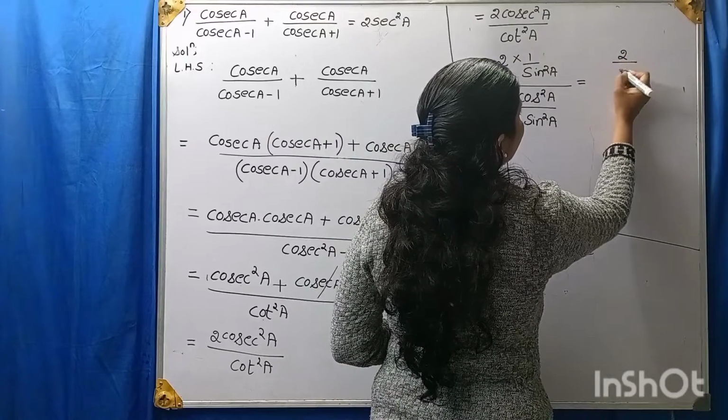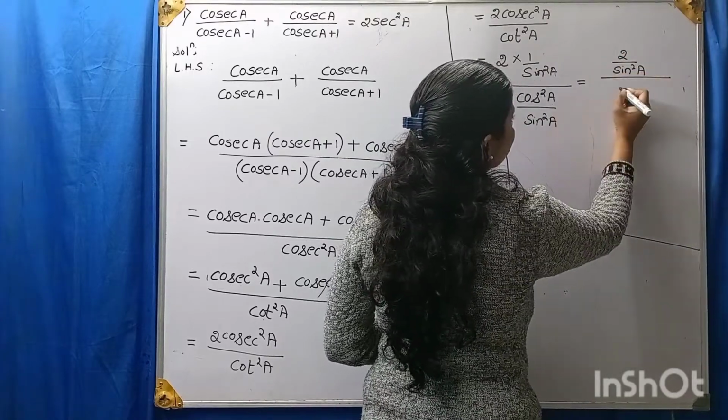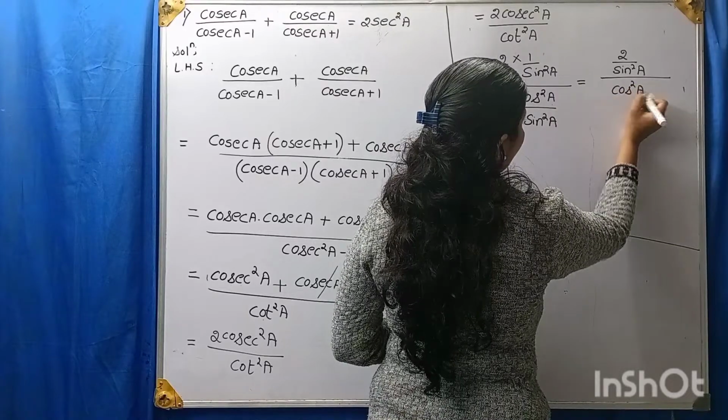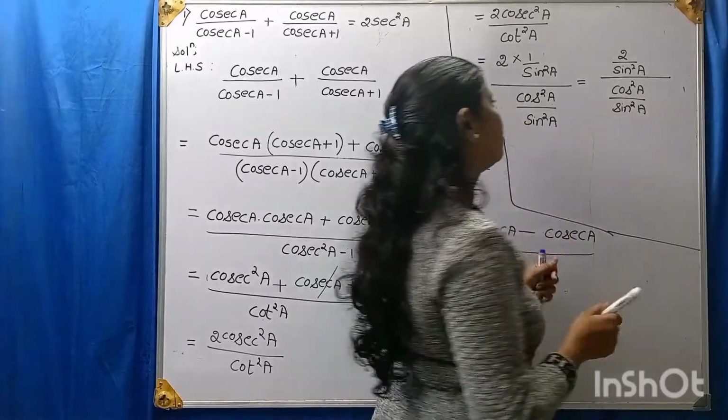That is 2 divided by sin square A, whole divided by cos square A divided by sin square A.